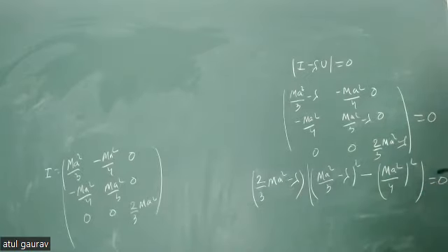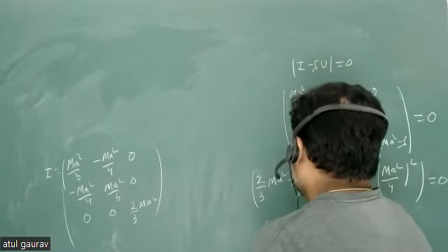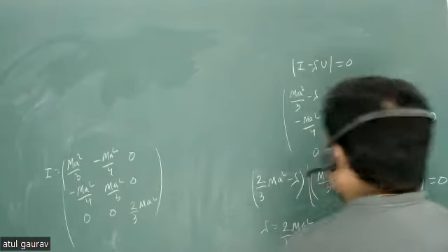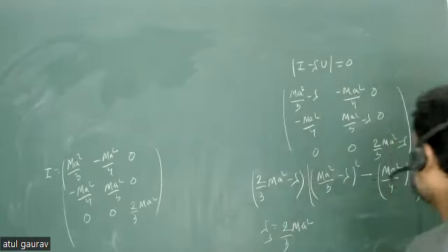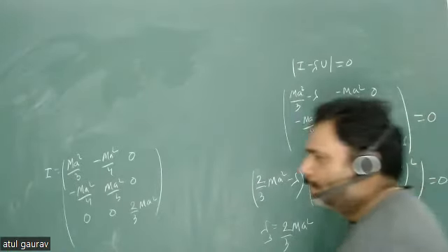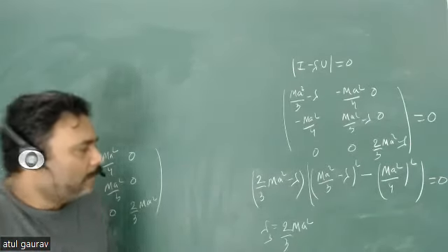ठीक है ना? Minus minus is plus and one minus will survive. So you can use a plus b into a minus b, isn't it? So one lambda is equal to 2/3 ma². I will keep it as lambda 3, don't worry. What will be lambda 1 and lambda 2?